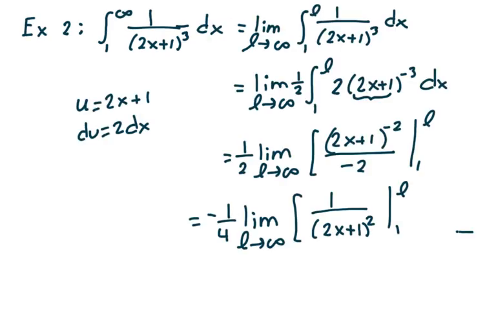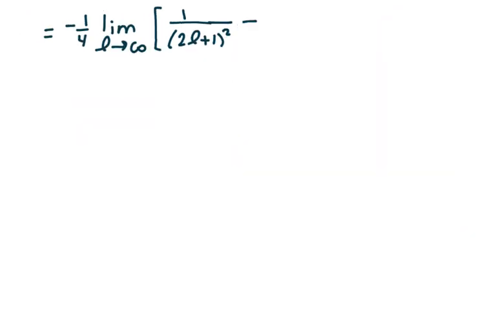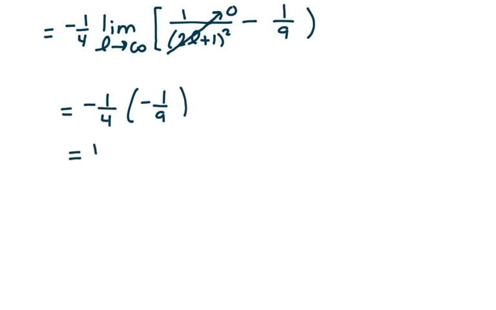I'm going to go minus, and then I'm going to replace x with 1 and get minus 1/9. But as L goes to infinity, this first term goes to 0. And we get negative 1/4 times negative 1/9. The answer is 1 over 36.